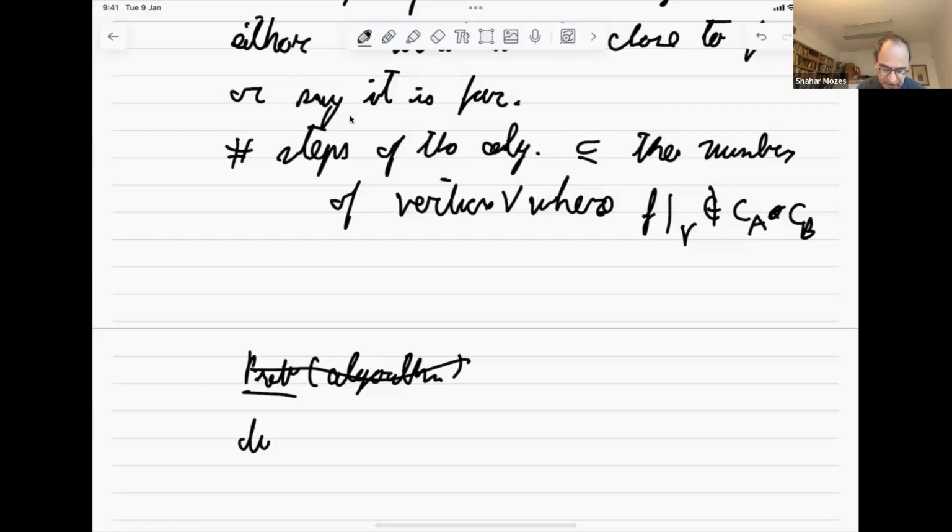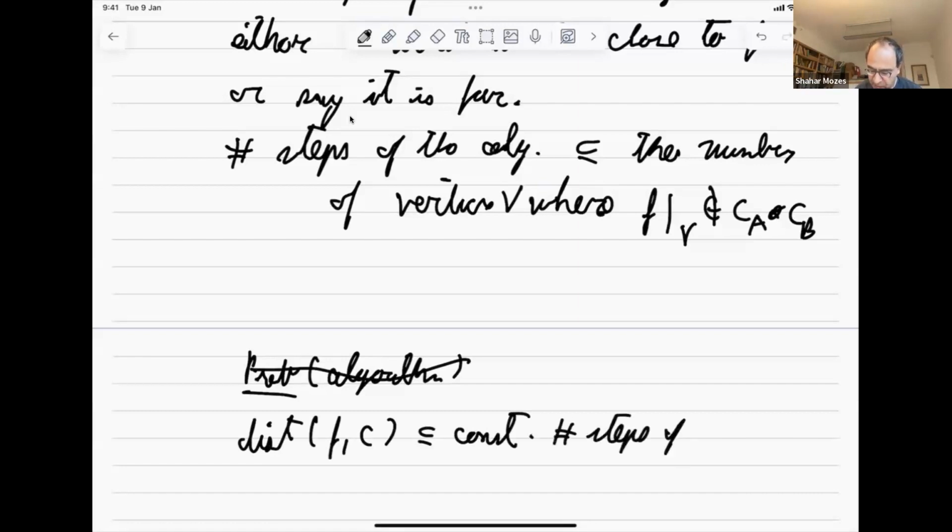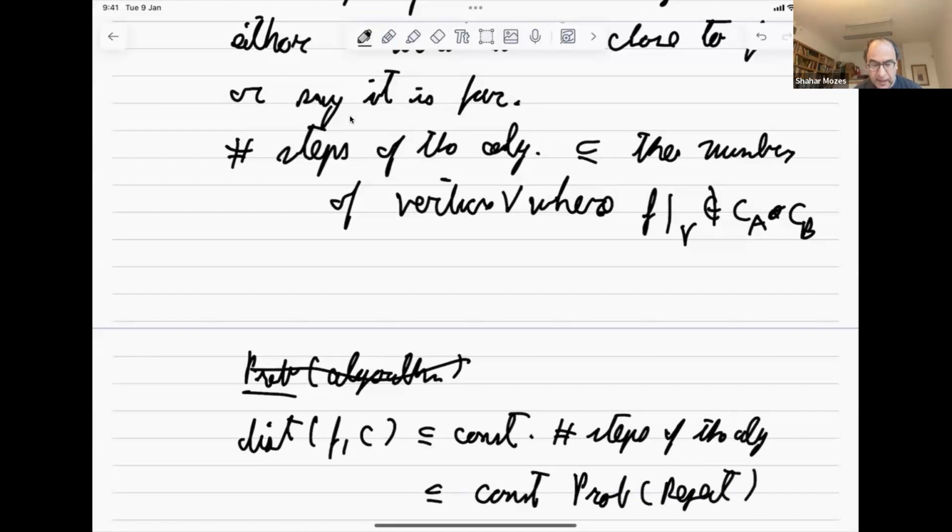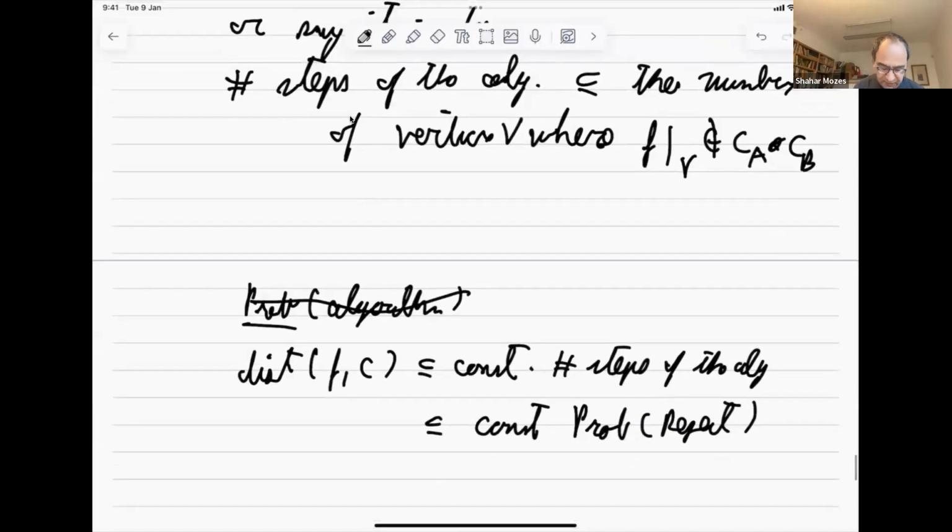So the observation is the fact that the distance between your given word F and C is bounded by some constant times the number of steps of the algorithm, which is bounded above by a constant times the probability that your tester rejects. That's if the algorithm stops, and it always stops, but if it returns a word W near F.